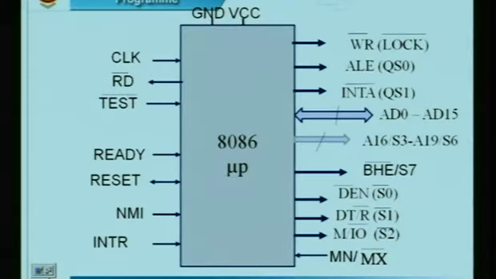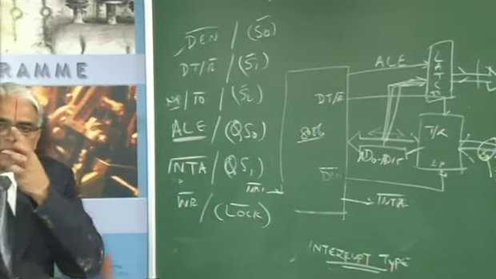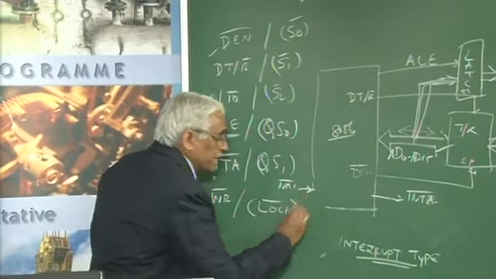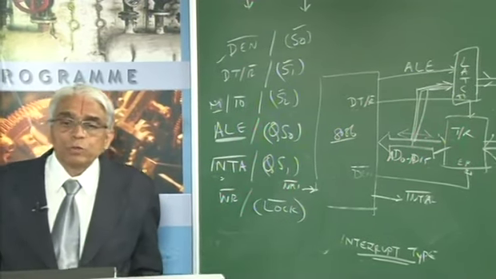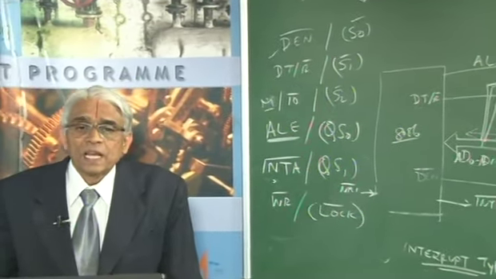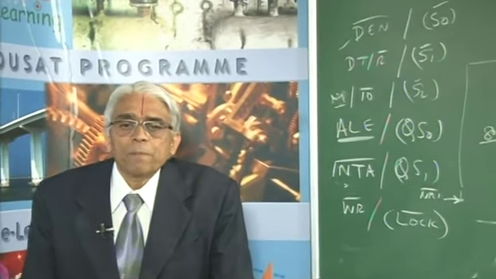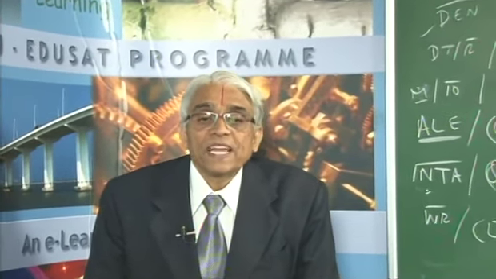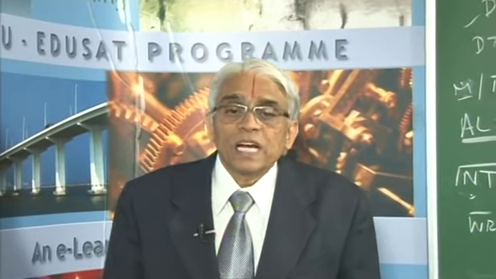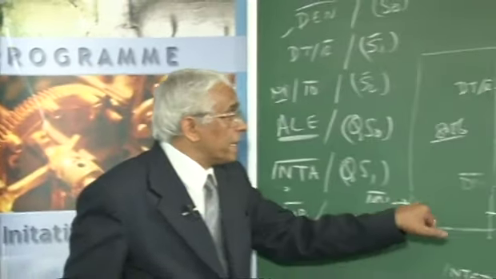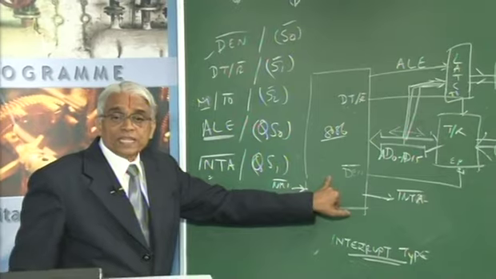Next, we have what is called the non-maskable interrupt. The non-maskable interrupt is an input signal used for special purposes like security. For example, if the power goes off or there is a calamity like a fire, there is an interrupt telling the 8086 microprocessor about it.